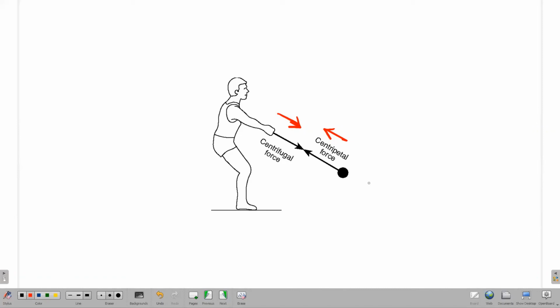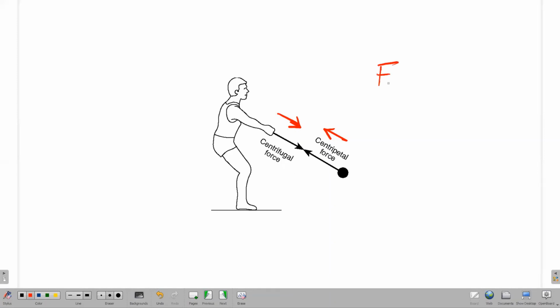Now, it arises from the inertia of the mass, or its resistance to the change in direction of its motion, represented by the centripetal acceleration. So the only difference between the centripetal and the centrifugal force is the direction.